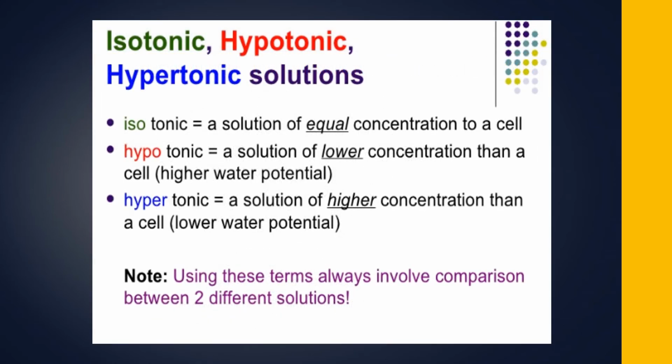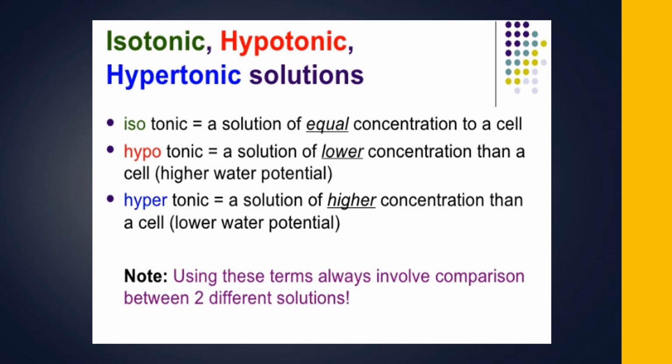For now, we're going to consider the different types of environment of the cell. We have here the isotonic, hypotonic, and hypertonic solutions. So let's define first the different terms. When we say isotonic, it is a solution of equal concentration to a cell.